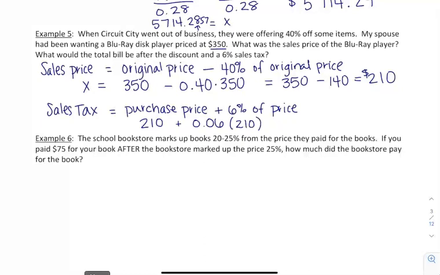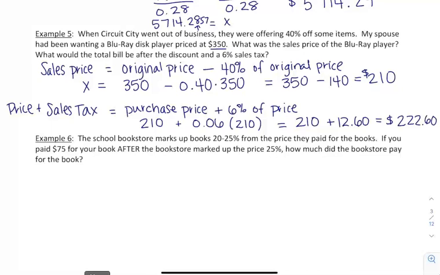So we're going to take the 0.06 and multiply by 210. Order of operations, do that first. The sales tax, and this is the price plus sales tax, what this equation represents. So 210 plus the $12.60 in sales tax gives us a total purchase of $222.60.